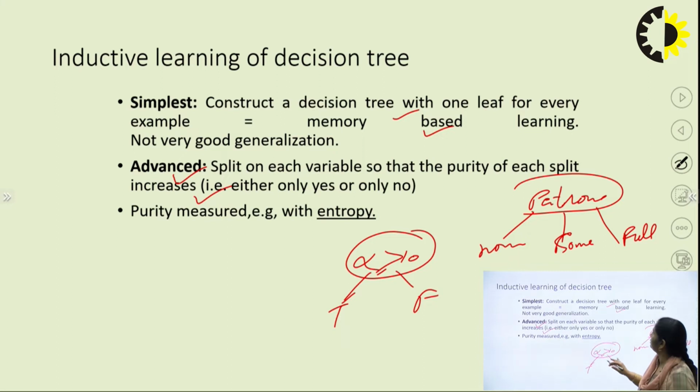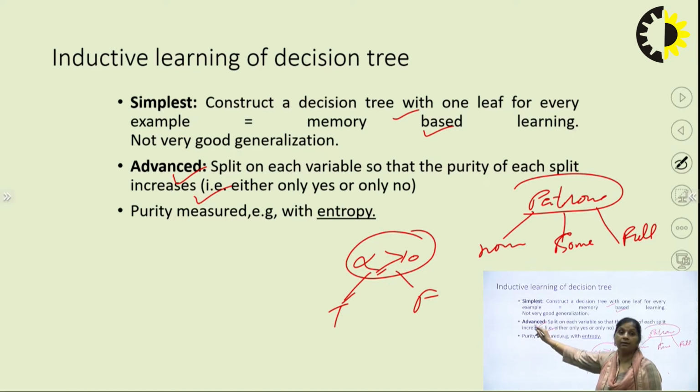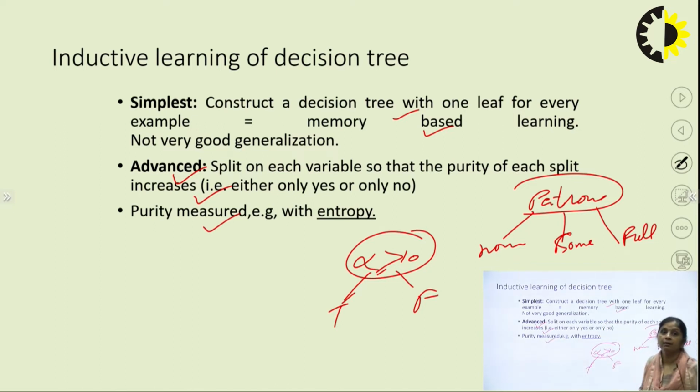So we want to check the purity of this split. How to check it? We do it with the advanced inductive learning method of decision trees. We will measure the purity, and the purity is measured with the help of entropy.